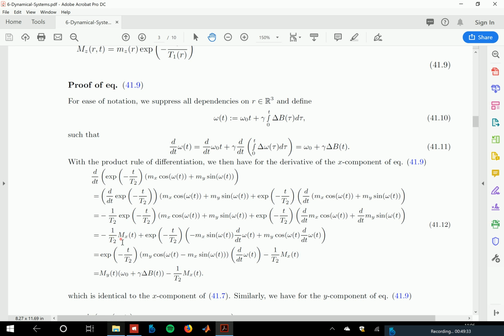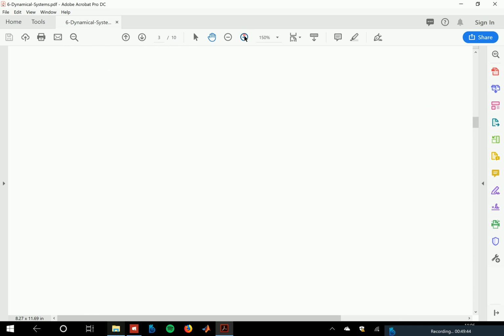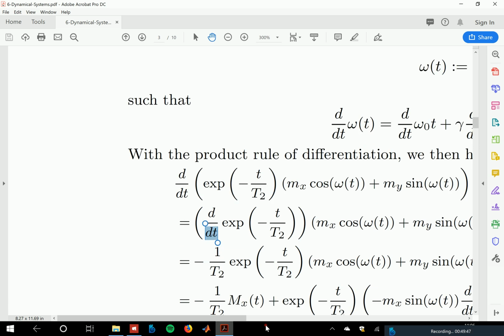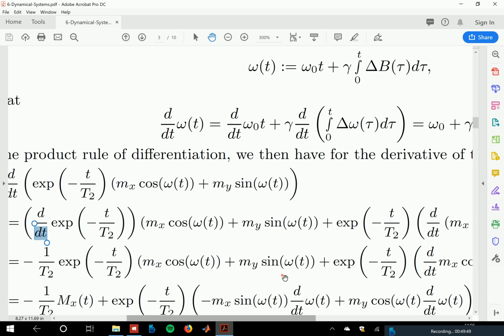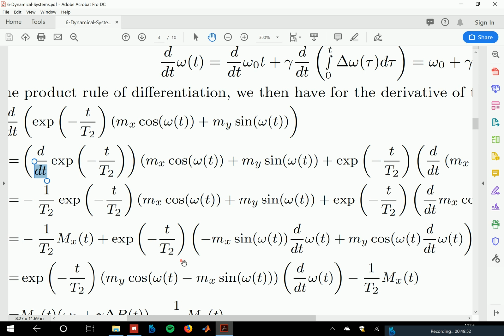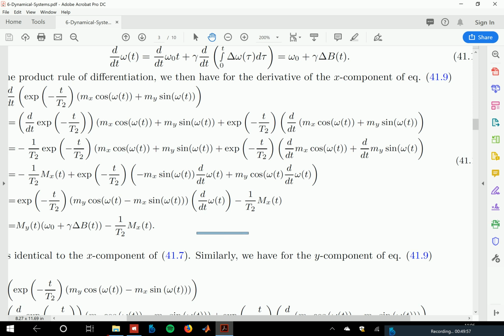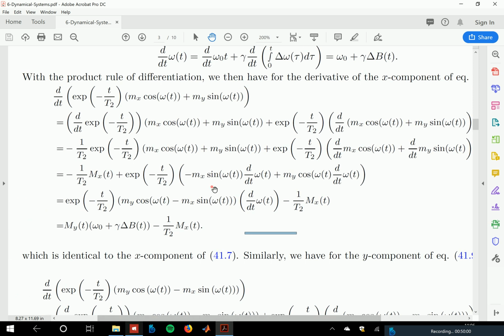So here it's already the minus mxt. Now the second part, this is what we just computed. So we have our minus mx sine omega t, d dt omega t, my cosine omega t, d dt omega t, which we just computed.